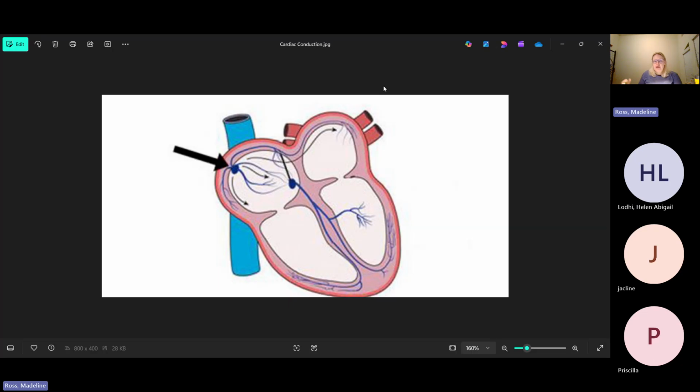You can get some really weird things in the heart, like conductivity pathway problems called reentry loops, where it's basically just extra tissue that creates a loop of electricity. But those are the big three that they focus on: the epinephrine, hyperkalemia, and then just tissue glitches.